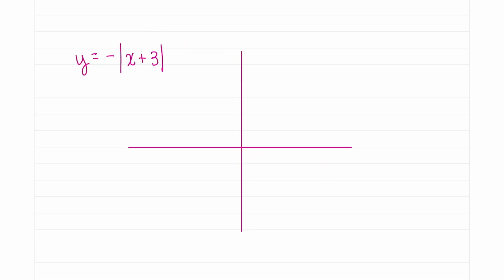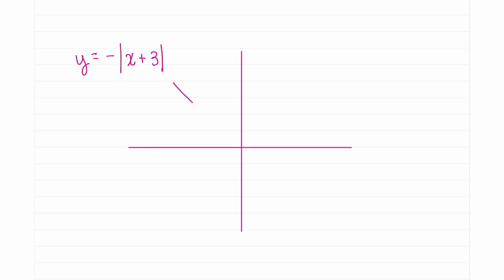Now let's look at a different example. We have y equals negative the absolute value of x plus 3. We did not discuss what a negative means, but if there is a negative outside of our grouping symbols, like we have here on our absolute value, this is going to be a reflection about the x-axis. So this particular function is an absolute value function.